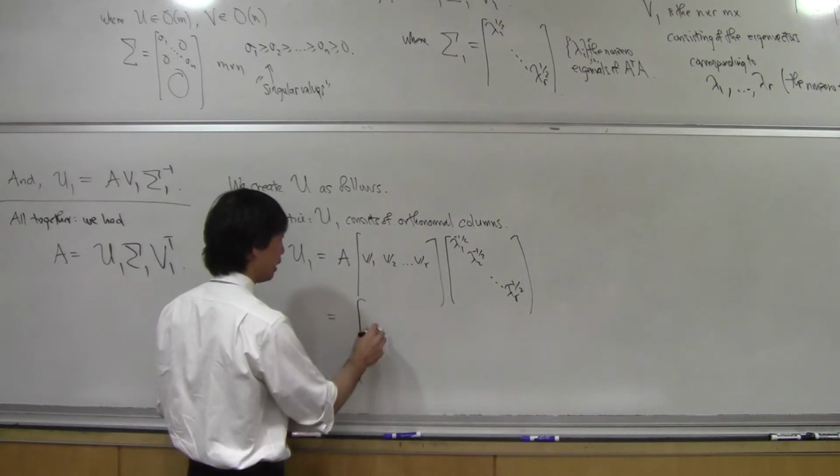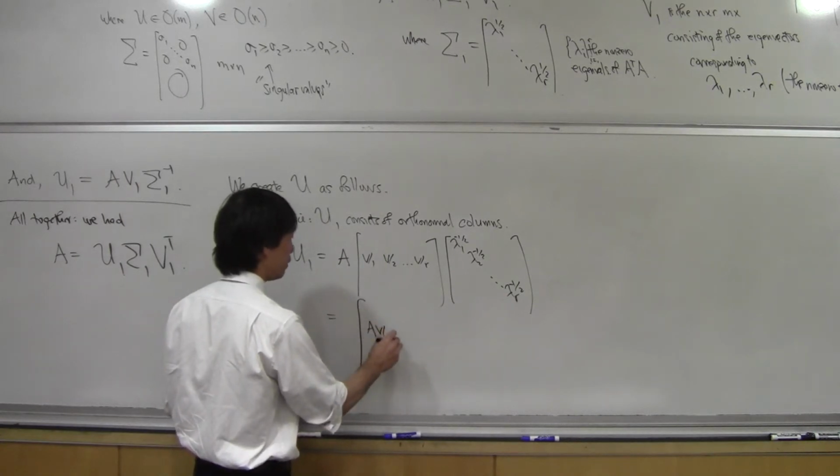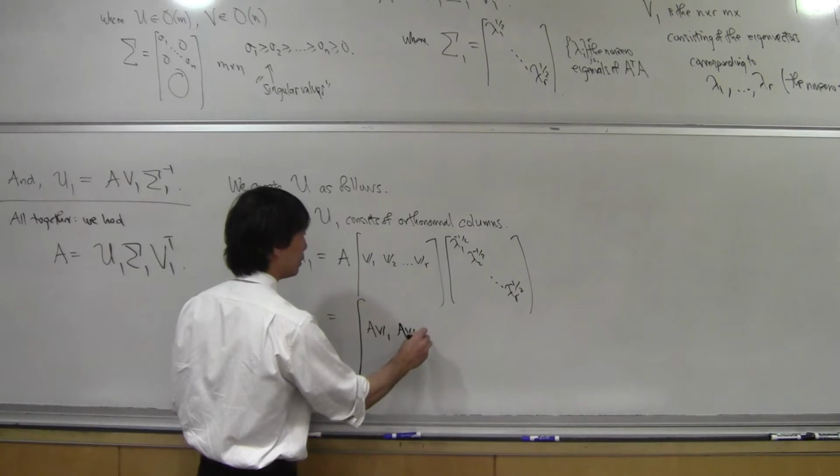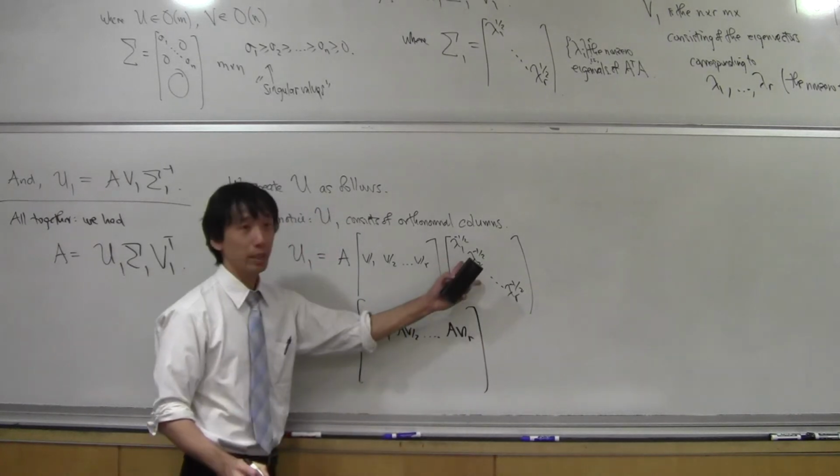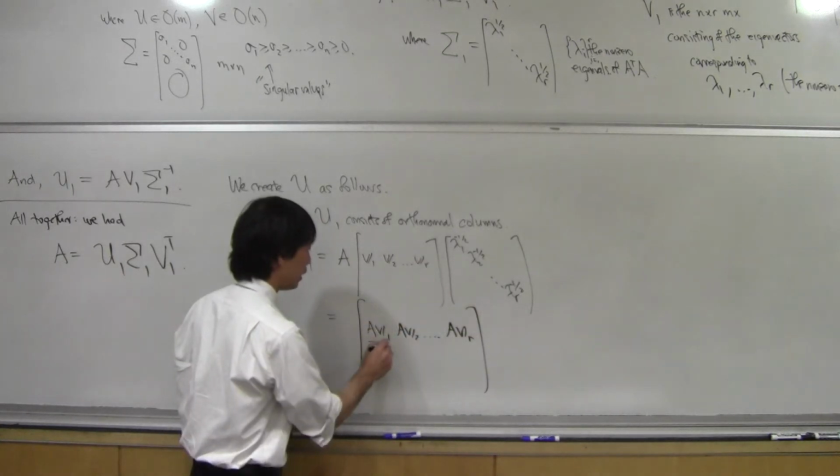When you multiply this out, you get A V1, A V2, dot, dot, dot, A Vr. And when you multiply by sigma 1 inverse, each column gets multiplied by the corresponding number.